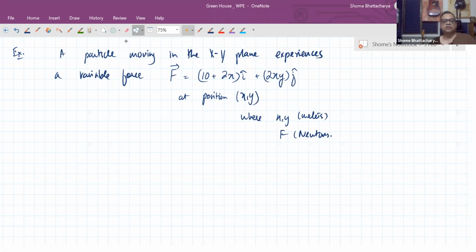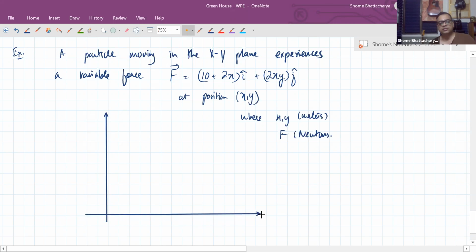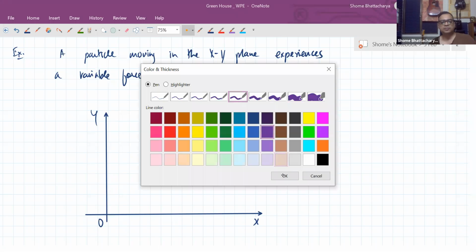Now let us take a situation like we had done last time: take the particle from the origin to a particular point via two different paths, and again investigate whether the work done by each path is the same or not. But this time we'll do a bit of a variation of how we had done the problem last time.